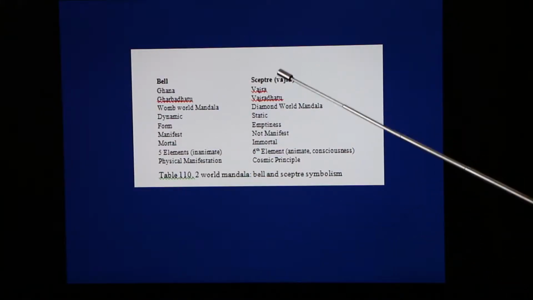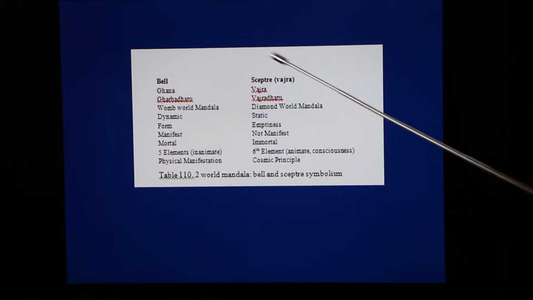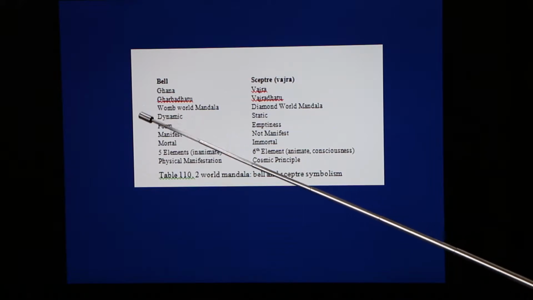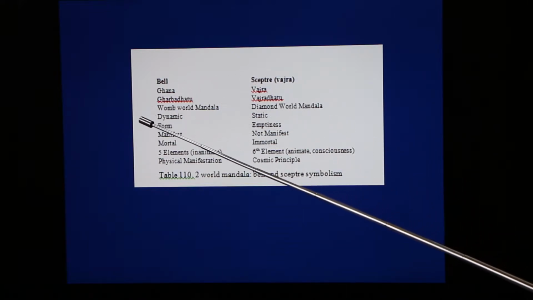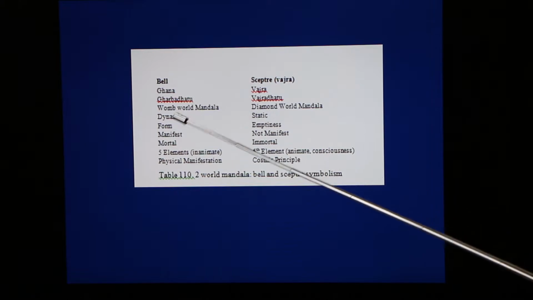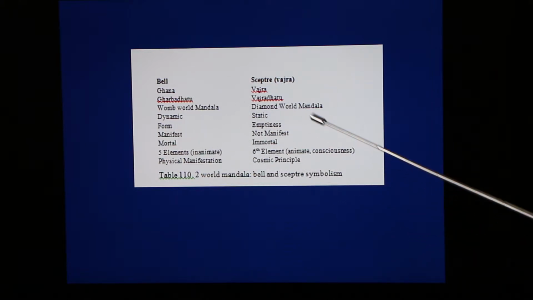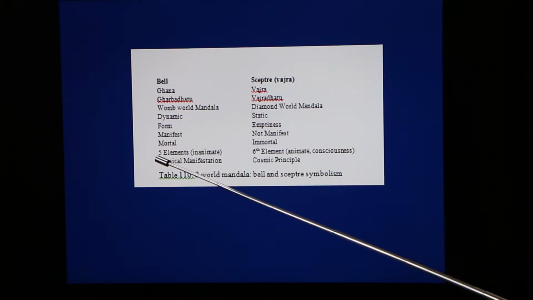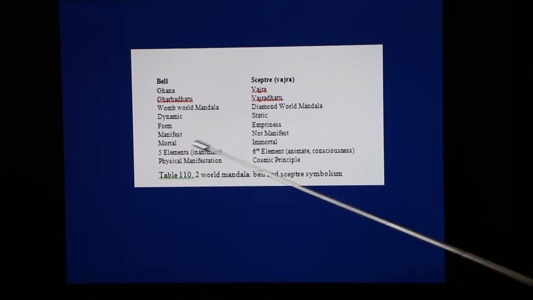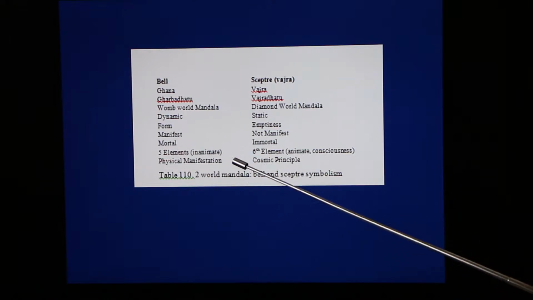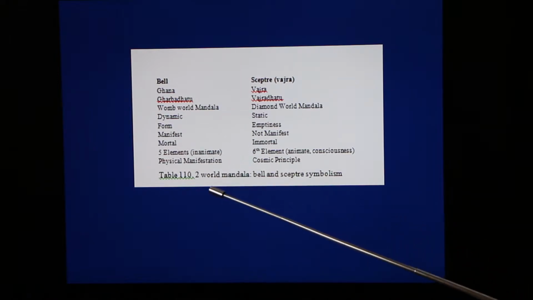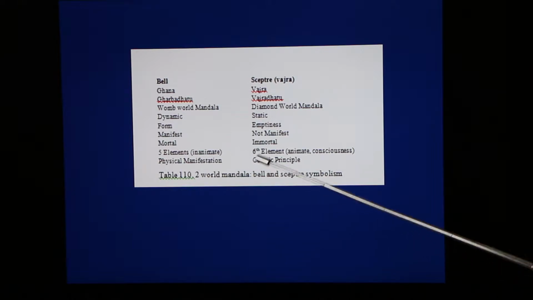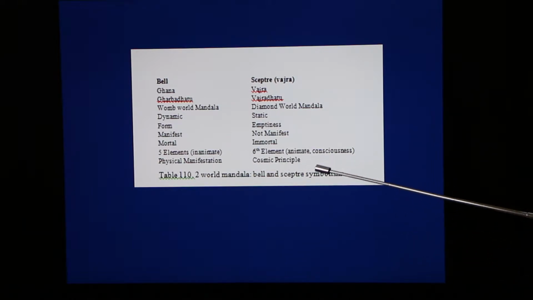Now, there's a whole philosophy behind this, because the bell or the scepter, also called the Vajra, or the Ghana and the Vajra, link with Garbha Dhatu and Vajra Dhatu, the womb world mandala, the diamond world mandala, the dynamic and the static, form and emptiness, manifest and not manifest, mortal and immortal, the five elements in the inanimate form, and then the sixth element, the animate form, that is consciousness.